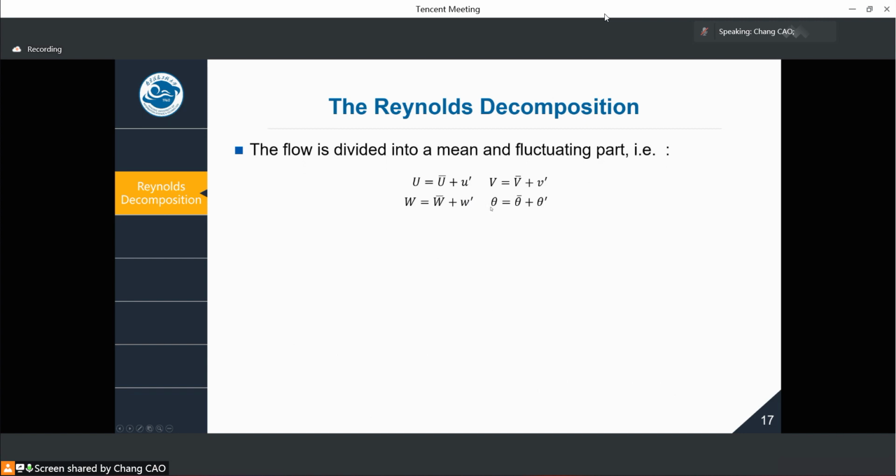And for potential temperature, we can also write it into two parts, theta bar and theta prime. Okay, so no problem here. This is called Reynolds decomposition. The over bar denotes the mean, and the prime denotes the fluctuations.